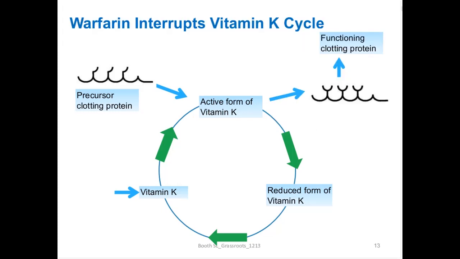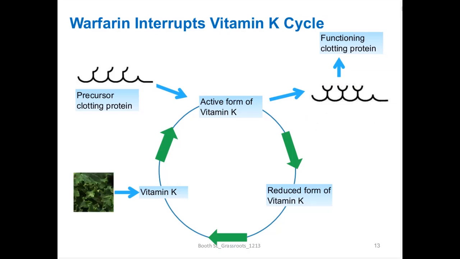Now, we talked a little bit about warfarin, but I thought that it would be important for you to understand how warfarin works and why any discussion about vitamin K and calcification relates to the role of warfarin in the vitamin K cycle.